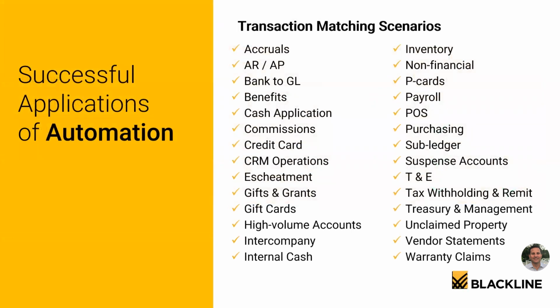Now, keep in mind that although this module is commonly used for bank reconciliations, it could automate any scenario where you're matching records from multiple files. Note all the other listed examples of how the transaction matching module can be used. And it can actually match records from up to 3 data sources.